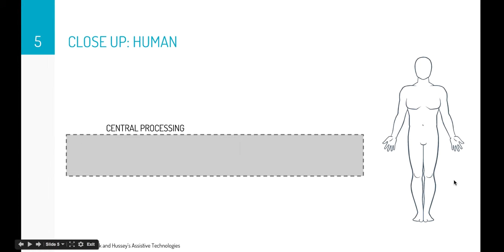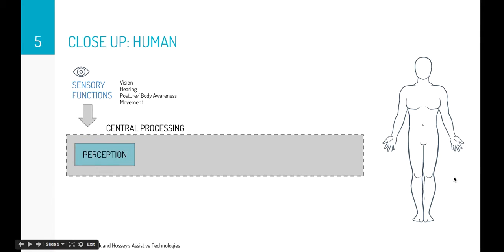So a quick look at the human aspect of this model. There are sensory systems, your five senses, plus two internal ones. So for example, like vision, hearing, posture, and movement, all information gathered from the outside world goes into the central processing, which is how your brain receives this outside information and processes it.